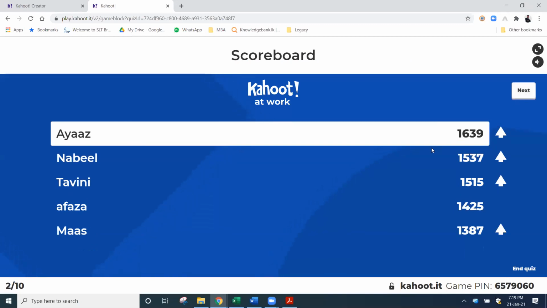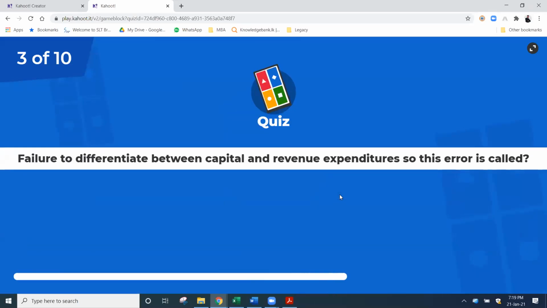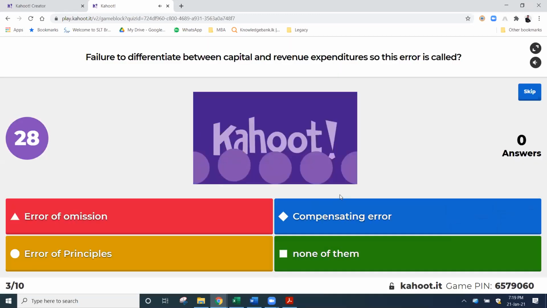Next question. Question number 3. Failure to differentiate between capital and revenue expenditure. Which error is explaining the capital expenditure and revenue expenditure?